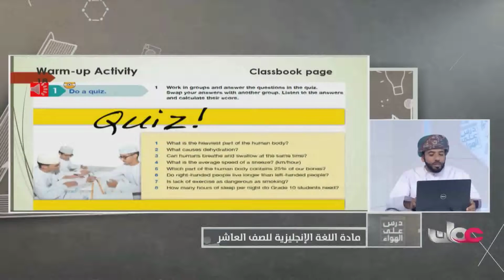Number 6, do right-handed people live longer than left-handed people? Number 7, is lack of exercise as dangerous as smoking? And number 8, how many hours of sleep per night do grade 10 students need?